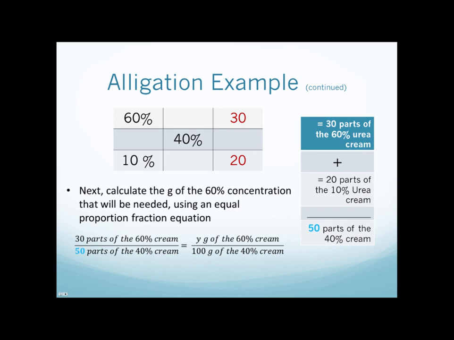So if I'm looking at the 60% cream, I'm going to have 30 parts divided by 50 parts total. Put an equal sign there because that ratio is going to stay the same, because I want 100 grams of this 40% cream, and I'm going to solve for y.